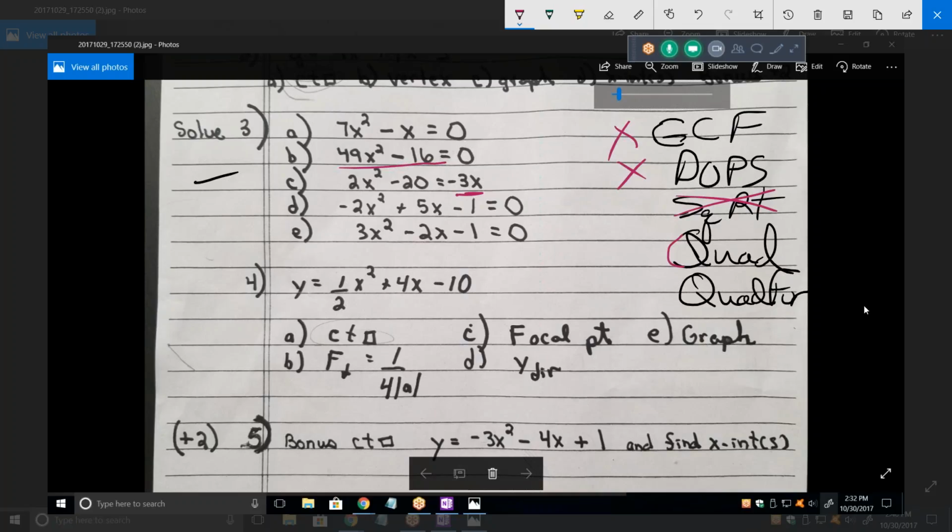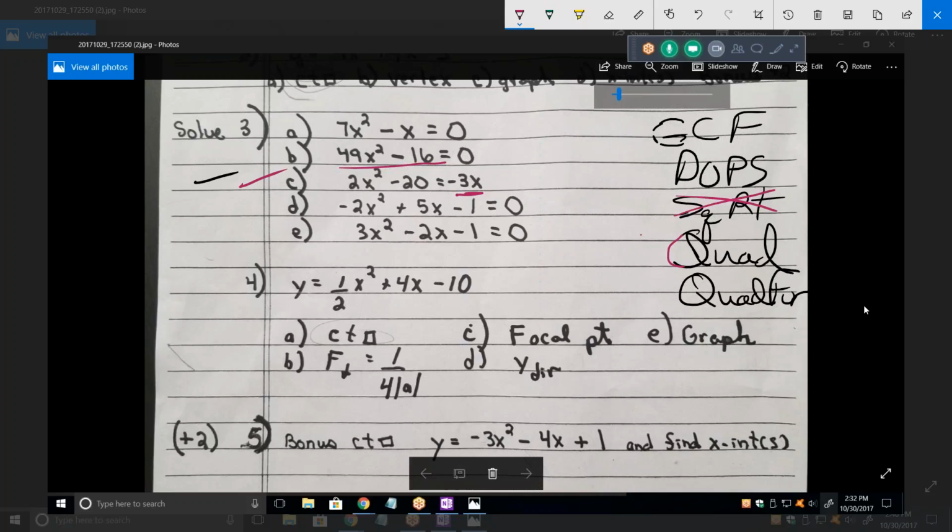In other words, when you look at an equation and you're looking at how to do it, you go through greatest common factor, you go through Dopes. The next thing you do is quadratic factoring, which is different than the quadratic formula. So far we haven't done one yet, quadratic formula, but we're going to do quadratic factoring here.